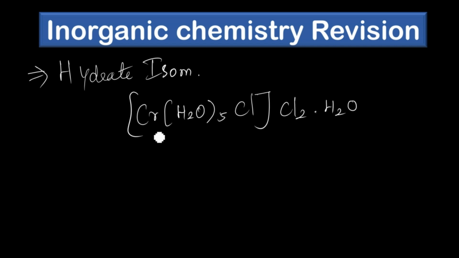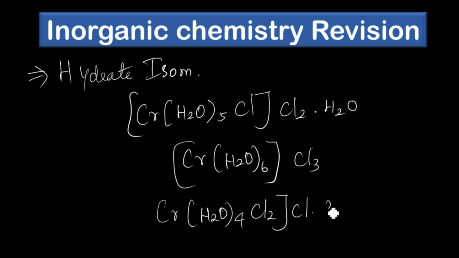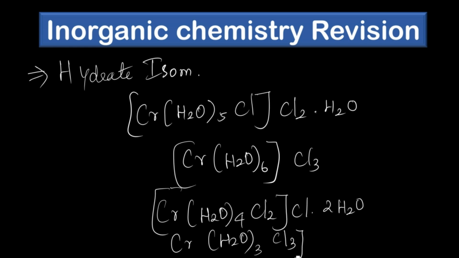The isomer of this complex would be chromium (H2O)6 Cl3, and one more isomer (H2O)4Cl2 Cl 2H2O. And you can also write Cr(H2O)3Cl3 3H2O. So the number of hydration is getting changed. That's why these are hydrate isomers.